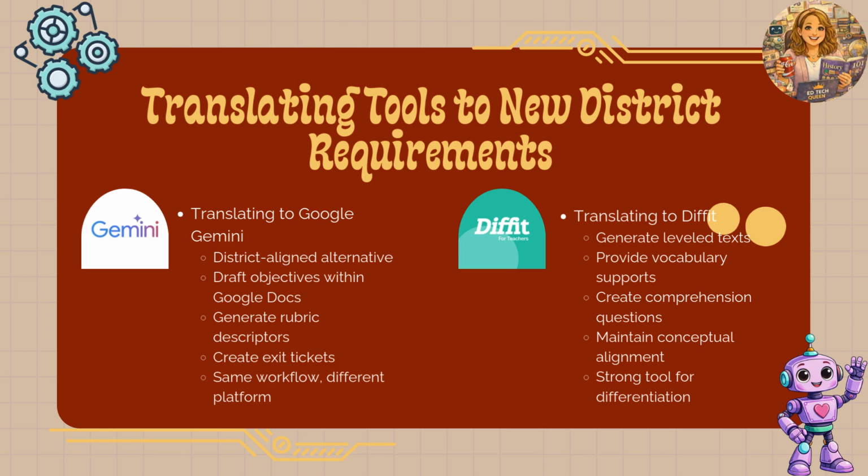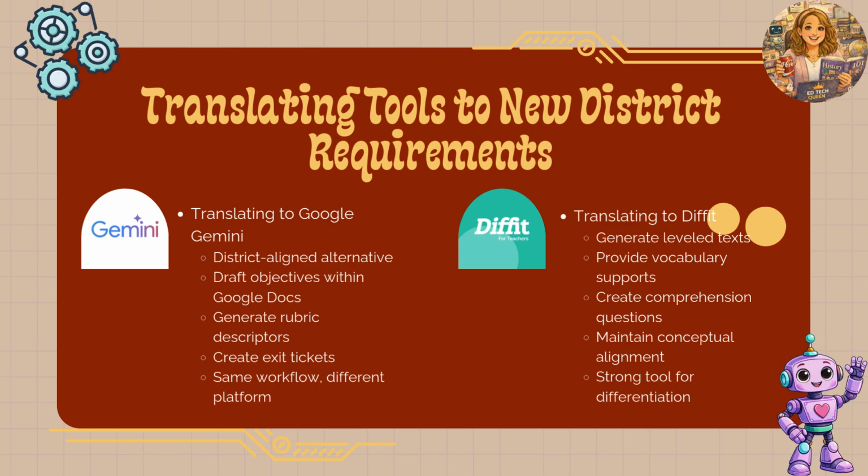So whenever I was looking at this, I wanted to look at two specific tools that my district has actively said that we could use to help create content for our classrooms. So for using Google Gemini instead of Chat, Google Gemini integrates into Google Workspace, which makes it practical in K-12 environments. The same way I drafted objectives and formative assessments in ChatGPT, I could input a TEAC standard into Gemini within Google Docs and request measurable objectives at the analyze or evaluate level.